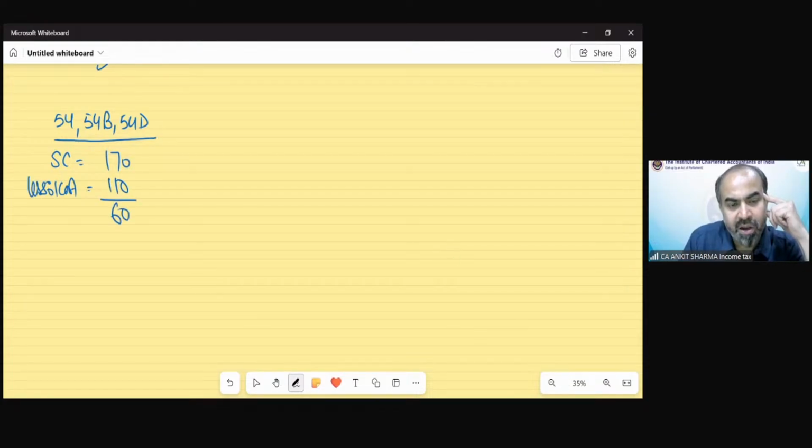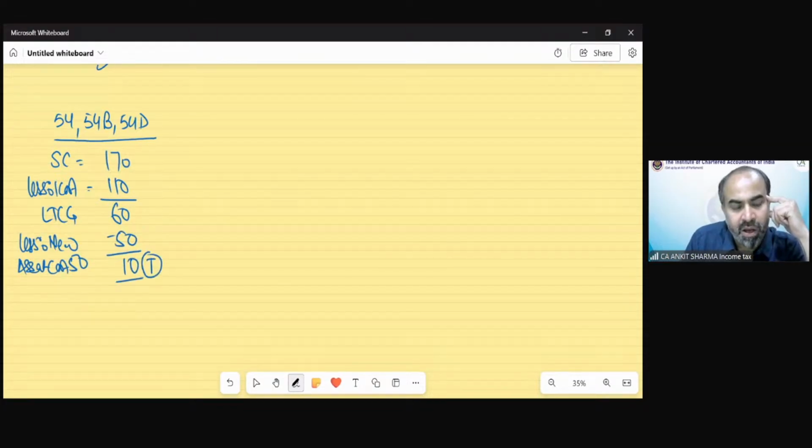You have a capital gain of 60 lakh. Now you purchased a new asset to claim exemption, and suppose the new asset cost is 50 lakh. So you get the exemption of 50 lakh. The remaining 10 lakh is going to be taxed.